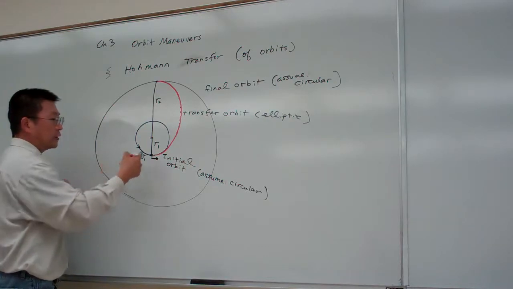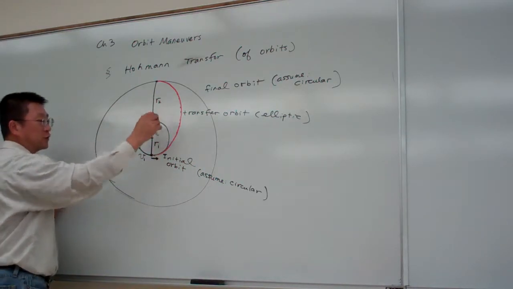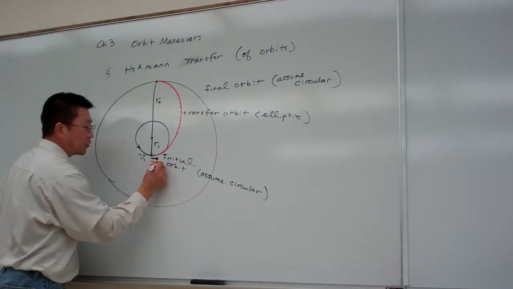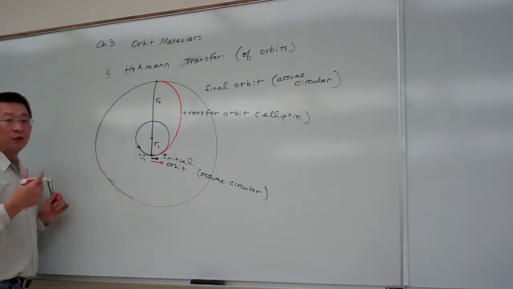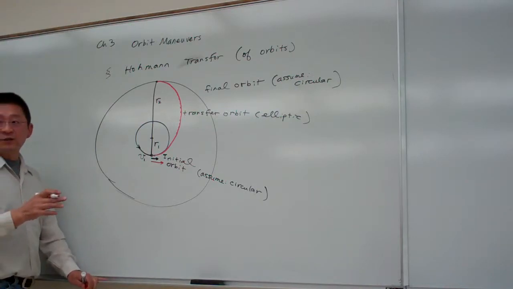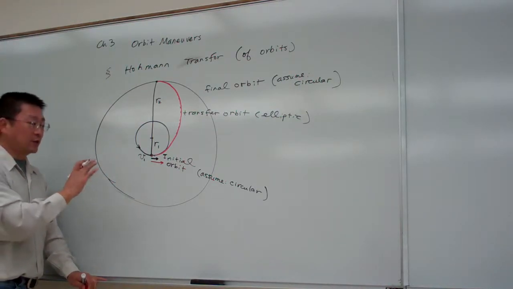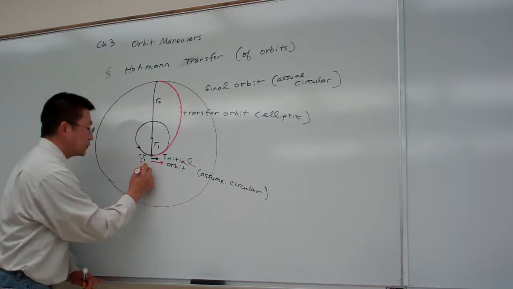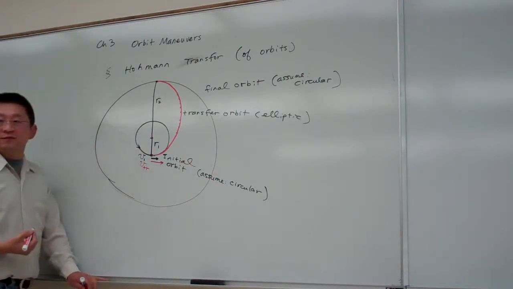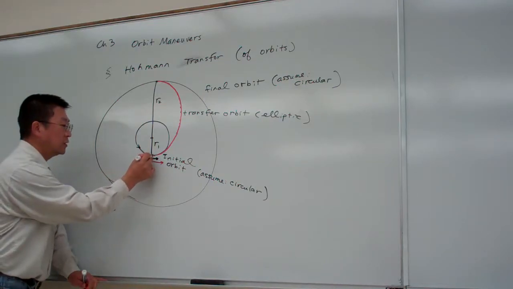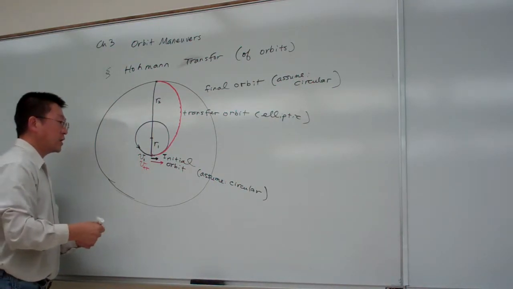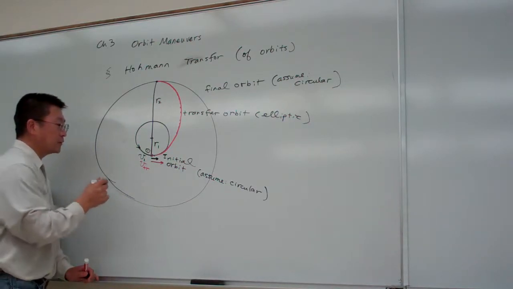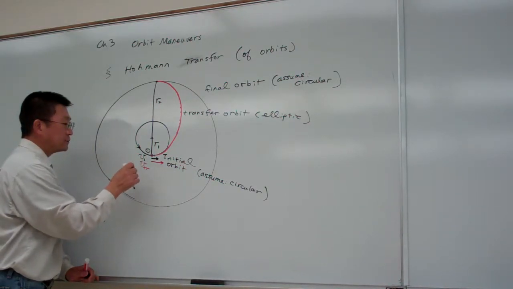At the same point, if we want to change to the transfer orbit, there must be a corresponding velocity. I don't know the magnitude yet. I'm just schematically drawing it a little bit larger. I don't know yet, but they shouldn't be the same. So this is the velocity on the transfer orbit. Let me say this point is the transfer point, transfer point 1. Okay, so that is the V1.